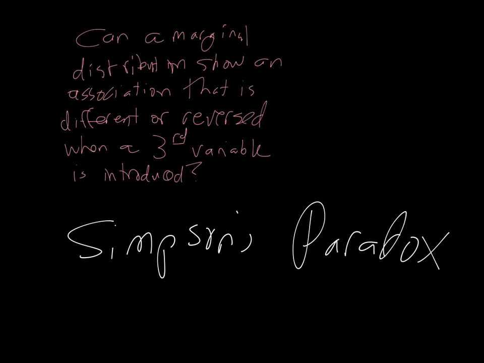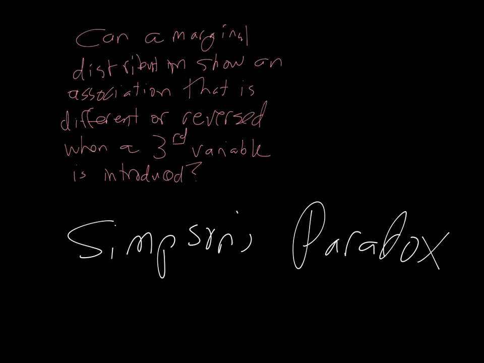Simpson's paradox is basically when an association between two variables holds for individual values of a third variable, but can be changed or even reversed when the data for all values of that third variable are combined. So the introduction of a third variable changes or usually reverses the association. Instead of a positive association, now there's a negative association.